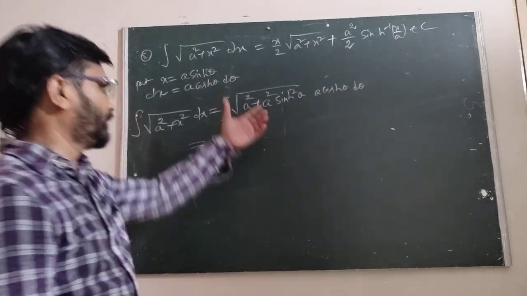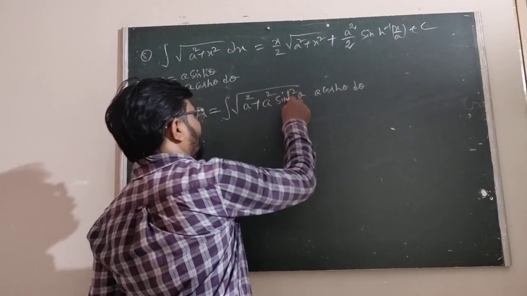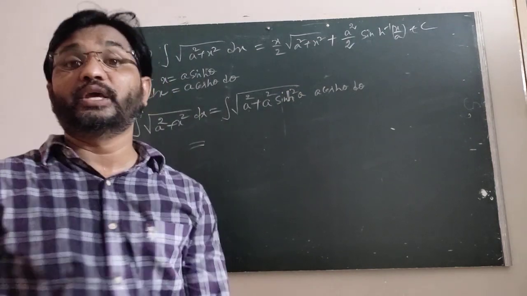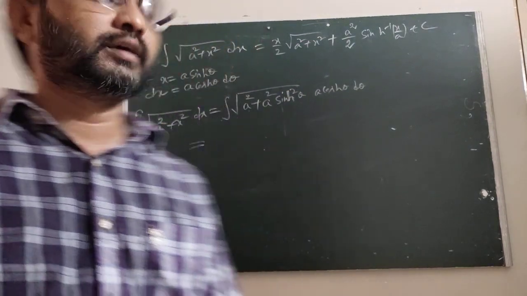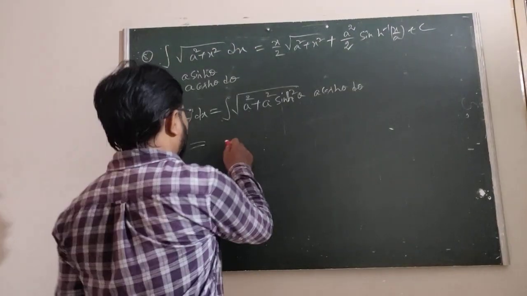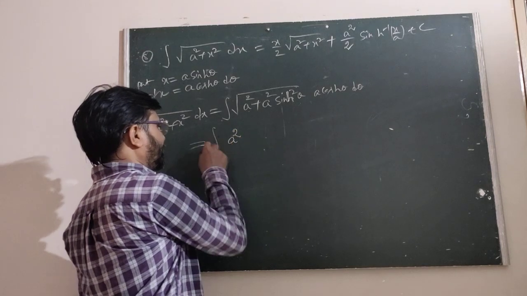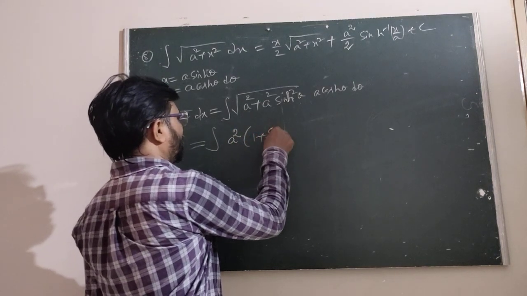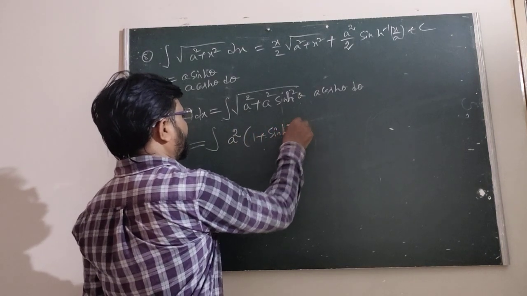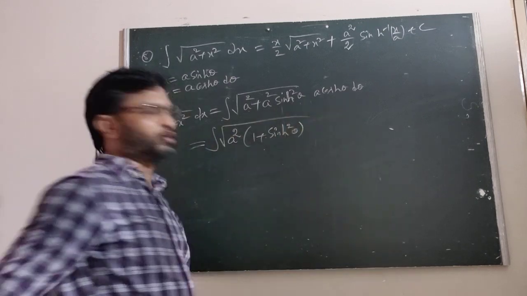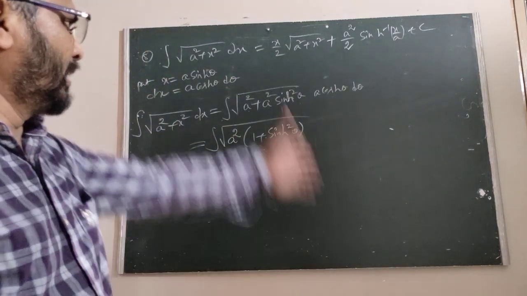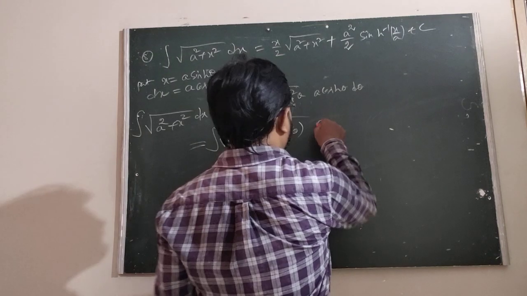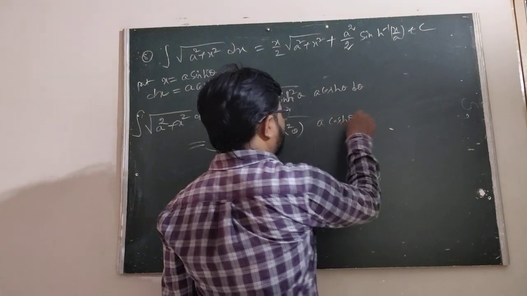Now looking at the under root part, a square is common. Therefore we take a square into integral of a square into 1 plus sinh square theta under root, and the remaining is a cosh theta.